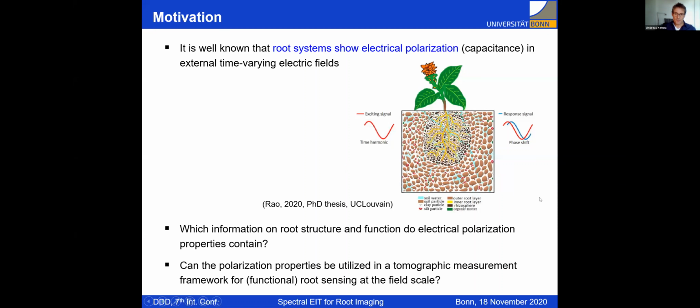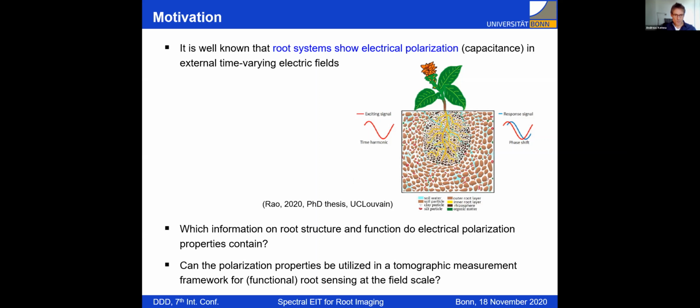The two main questions that we started with years ago, with first projects, since my background is geophysics, which brought me into the field of biophysics, which was new and exciting for me, were these. If there is electrical polarization of root systems or individual roots, which information on root structure, and in particular on root function, can we extract from measurable polarization responses?